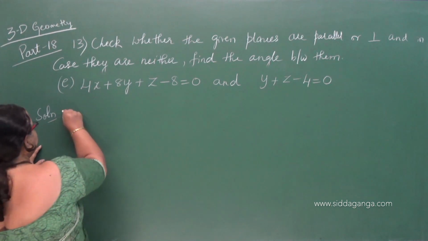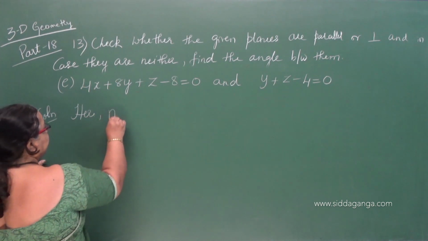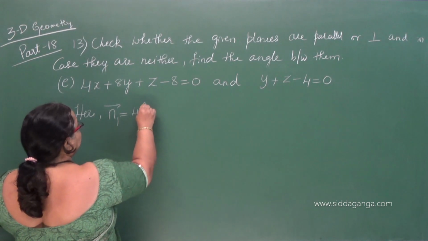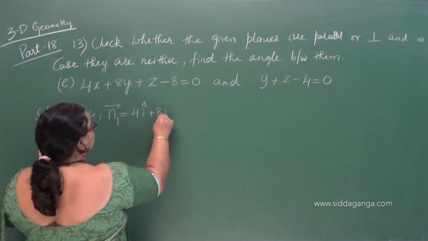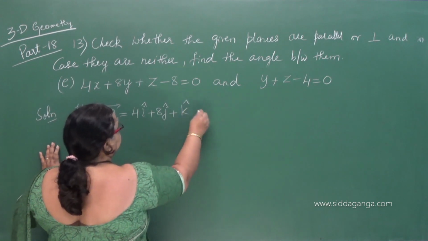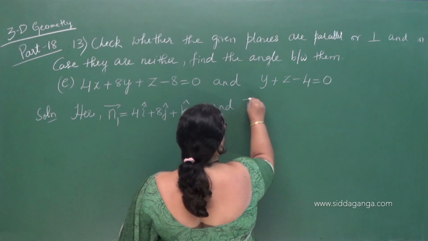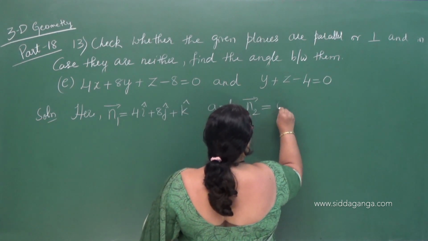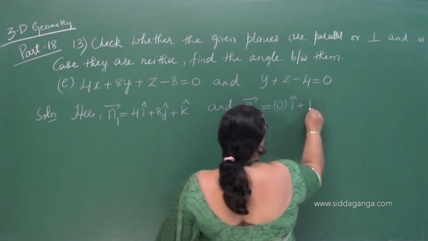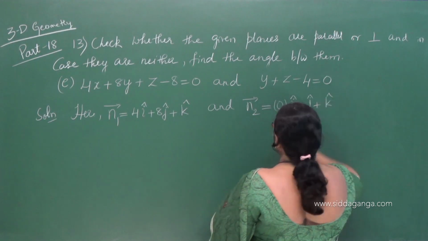So in the first plane, the normal vector is 4 into i cap plus 8 into j cap plus 1 into k cap, and the normal vector of the second plane is 0 into i cap plus 1 into j cap plus 1 into k cap.